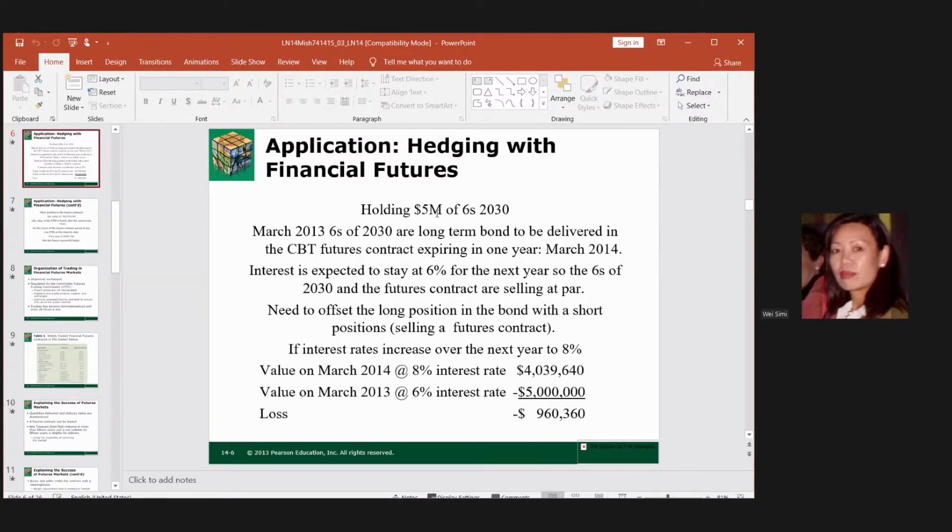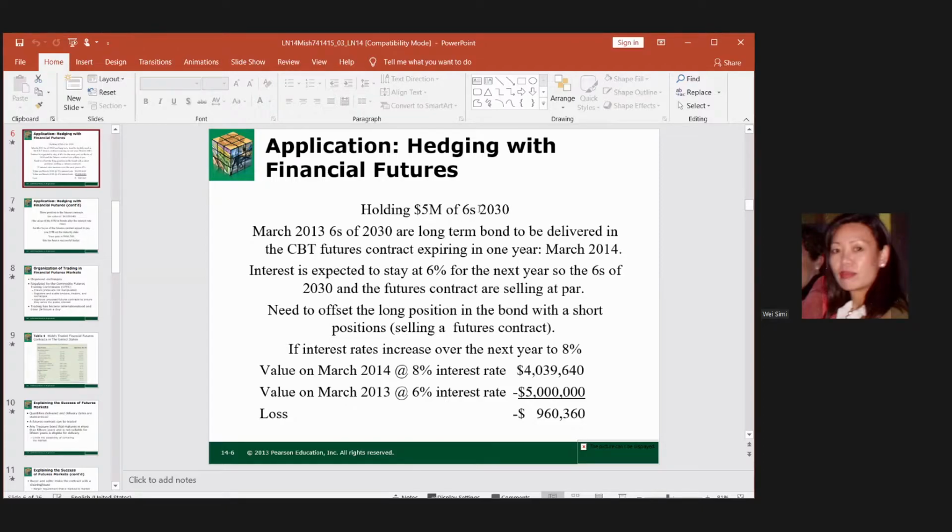But just follow me. This bond right now is worth 5 million. This is the beginning. The 6s means a 6% coupon bond. That's how bonds are normally coded. And this means the maturity date, so 2030 is the maturity.